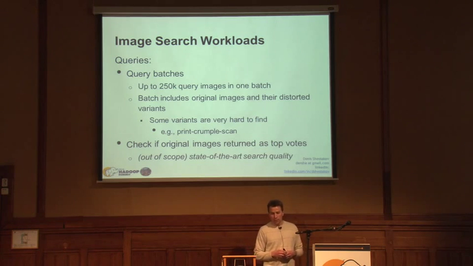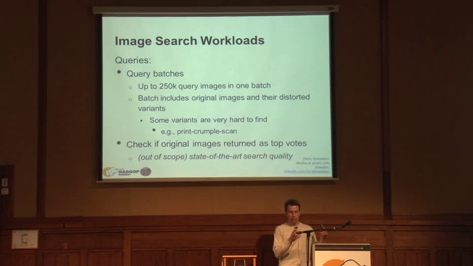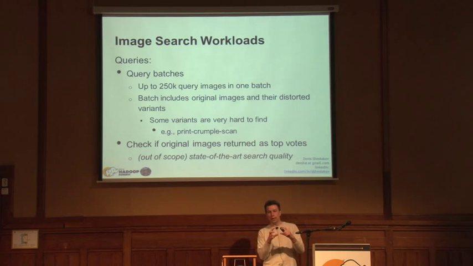What we did is that we used our original image collection, and we added another, much smaller collection of images to be searched. For this small collection, we generated lots of variations of the images.